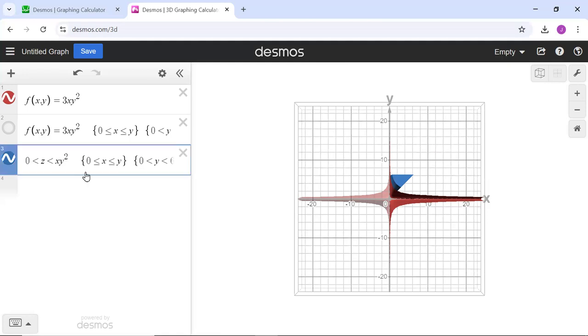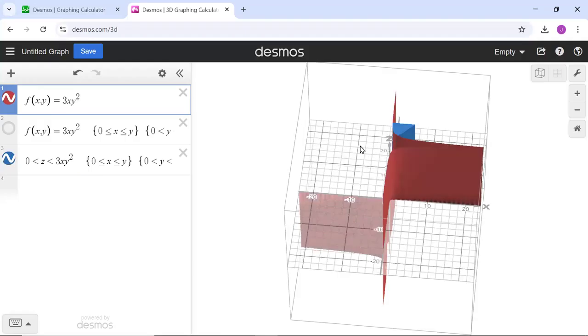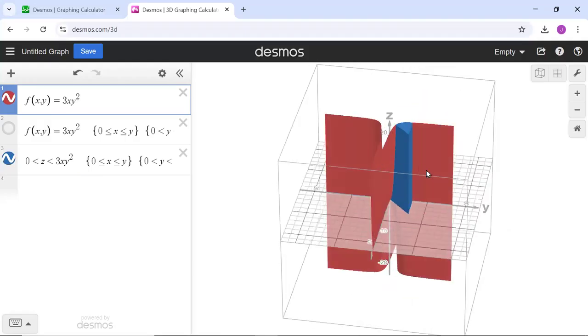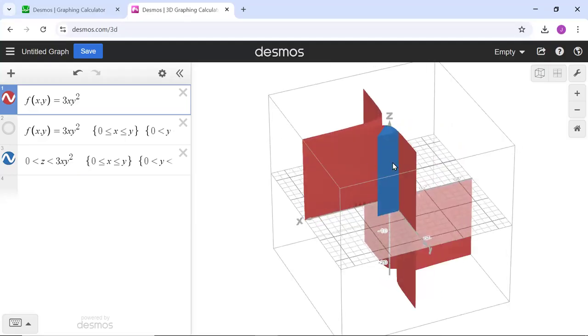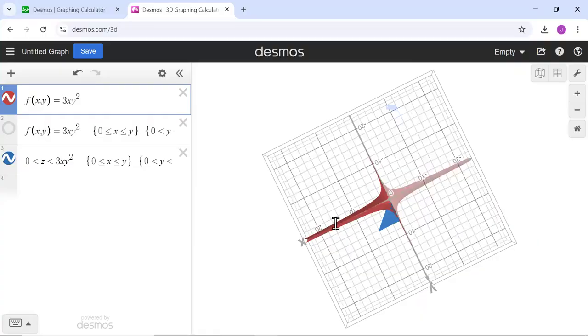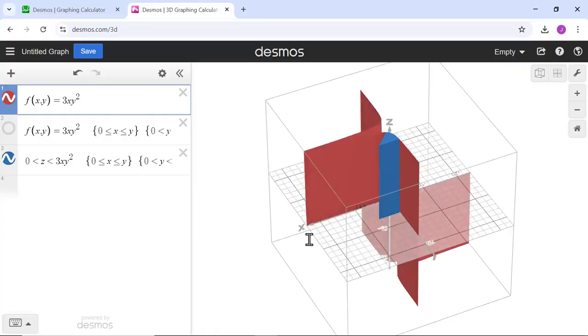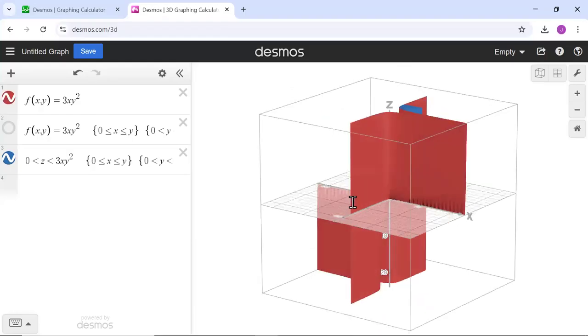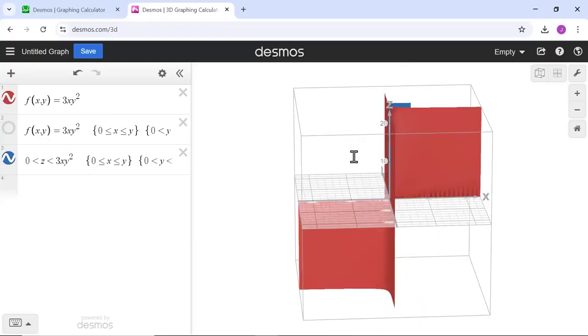Oops, 3xy squared, sorry. There. So it's the volume of that object under this surface, but over that designated region in the xy plane. So it's the volume under a surface.